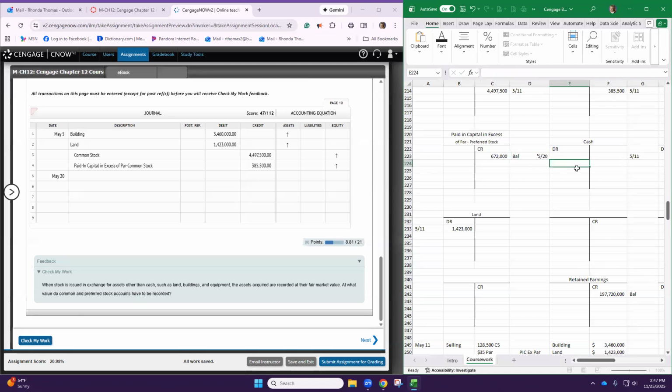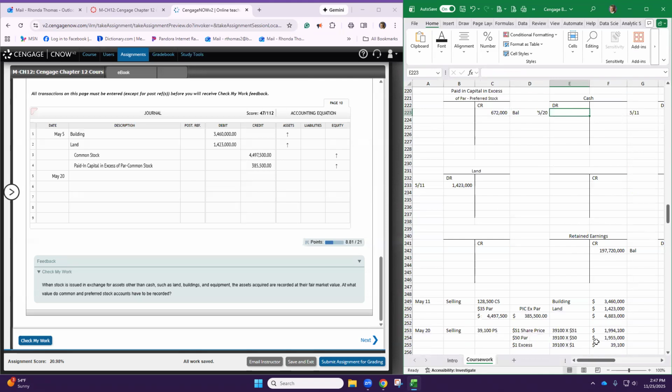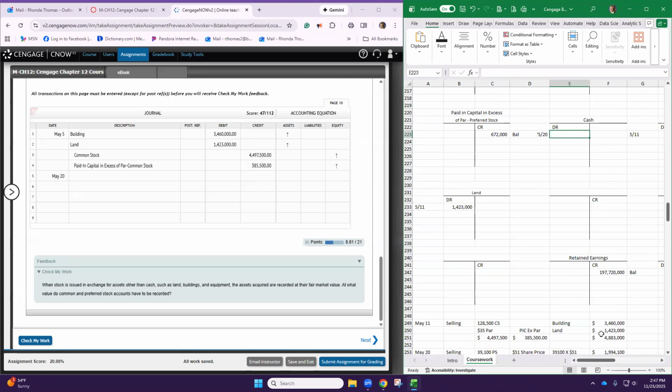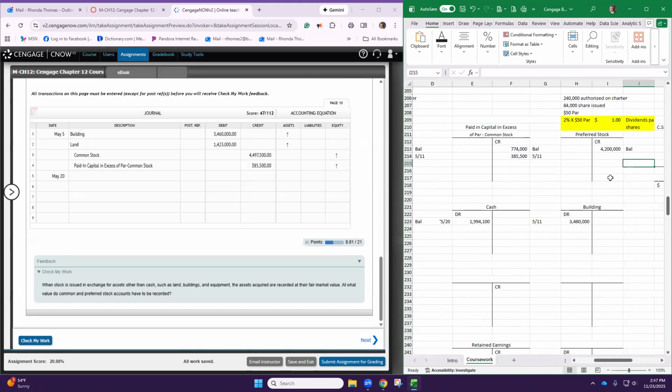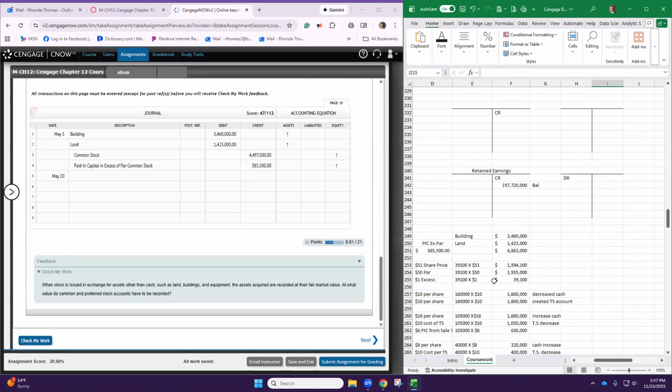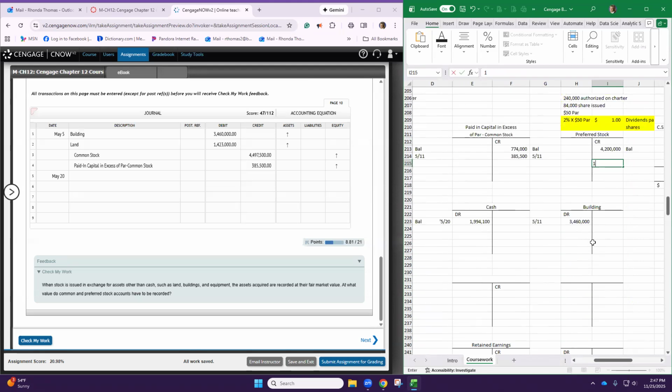So the cash is coming in for the full amount, which is the $1,994,100. And then preferred is over here. So this becomes the amount down here of $1,955,000. And this is on May, so this is 5/20.